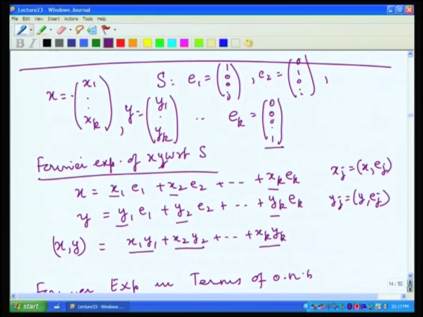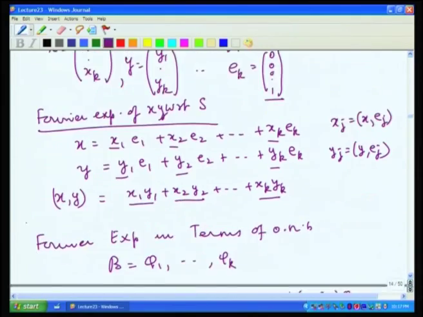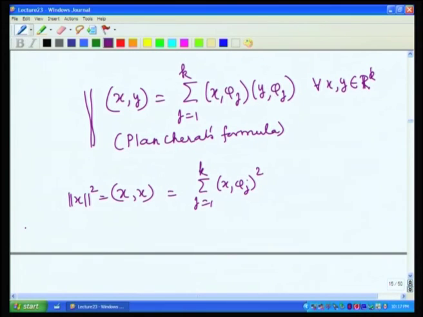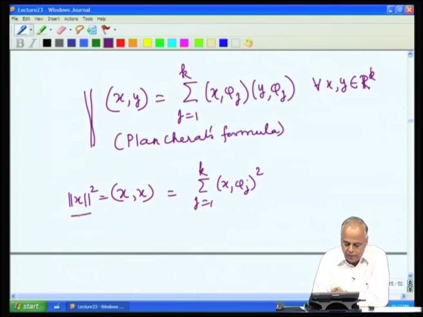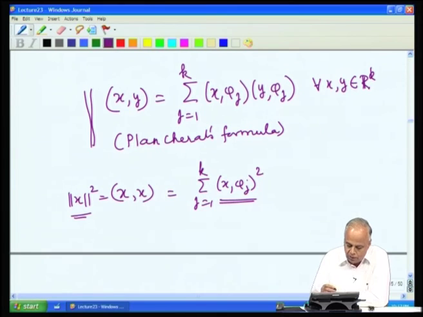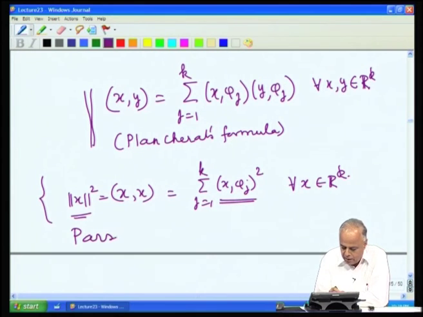In the standard ordered basis, if we take this vector x 1, x 2, x k, the length squared is simply x 1 square plus x 2 square plus x k square. But if we take an arbitrary ordered orthonormal basis, then the length of x squared is the sum of the squares of the corresponding Fourier coefficients. This is true for every x in R k, and this is called Parseval's identity.